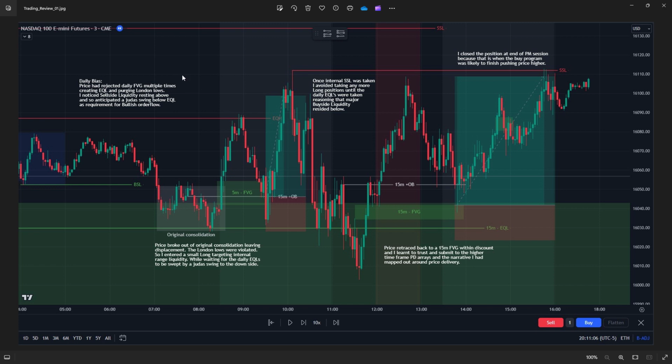I've annotated my thoughts here, so it's a bit more concise. Daily bias: price had rejected the daily fair value gap multiple times, creating equal lows, purging London liquidity, resting underneath buy side. I noticed sell side liquidity resting above, up here.